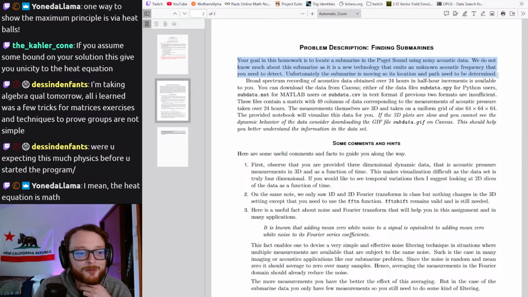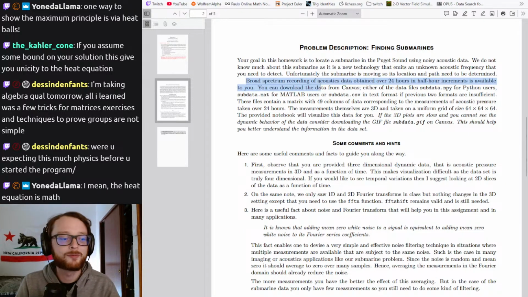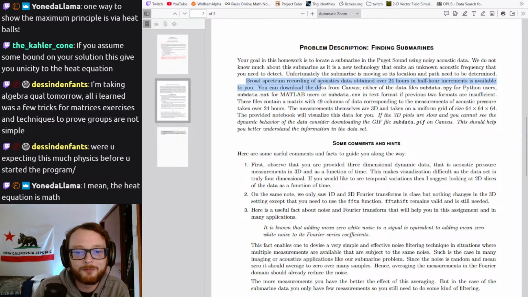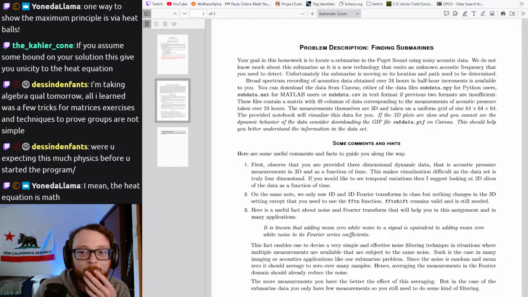We're trying to figure out the path of a submarine, and we have acoustic data that was obtained in half-hour intervals over 24 hours. We have to figure out how to denoise it and get a rough idea of the path of the submarine. I haven't made much progress on this yet, but I think it's a really cool assignment, and there is something that I could play around with. I just need to open up my Visual Studio.